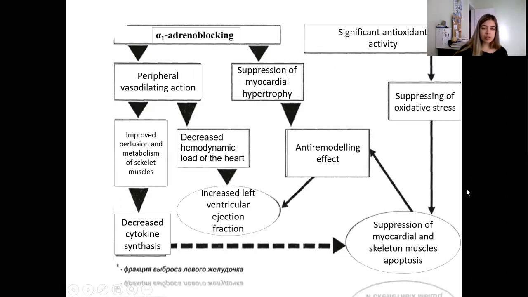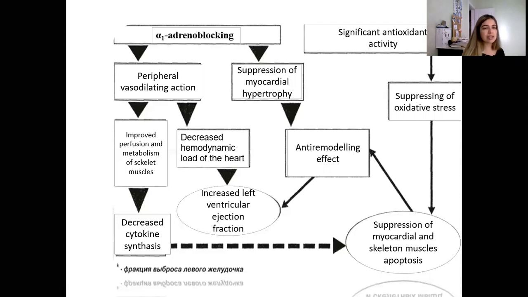Okay, now let's see how the adrenoblockers actually affect, for example, the heart, because for us the most widespread disease connected with adrenaline is heart disease, any type of heart disease: arrhythmia, heart failure, ischemia, myocardial infarction, and so on.